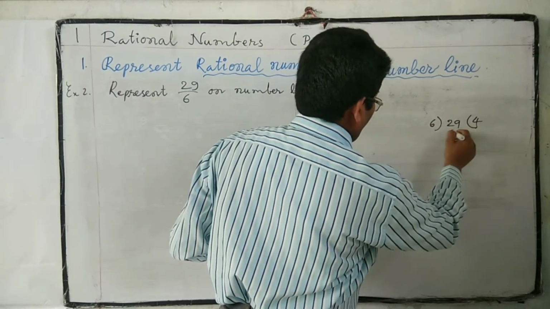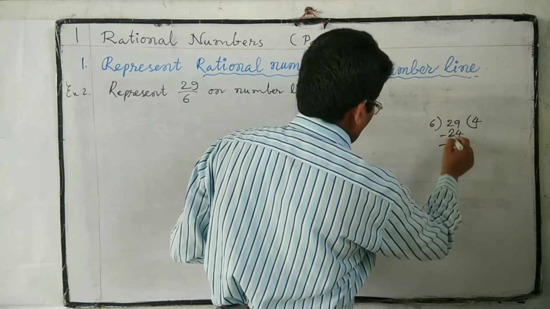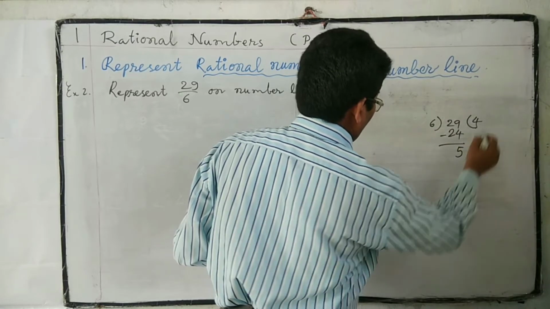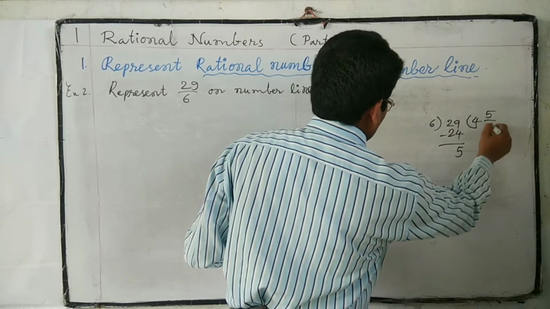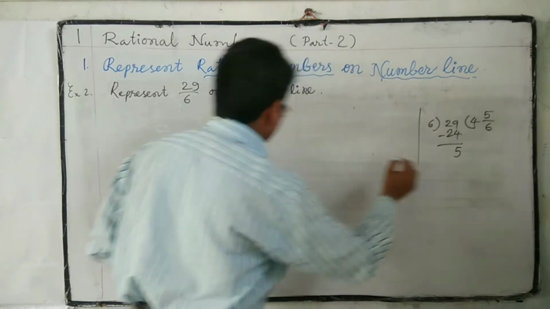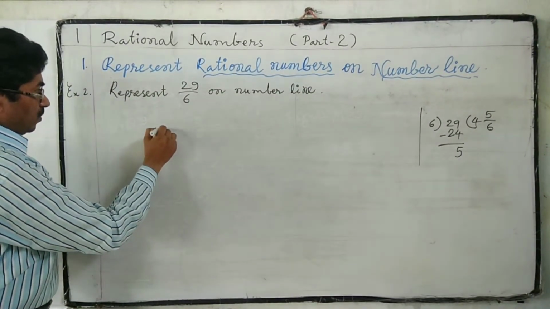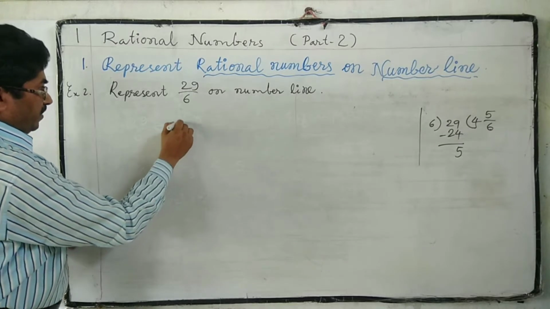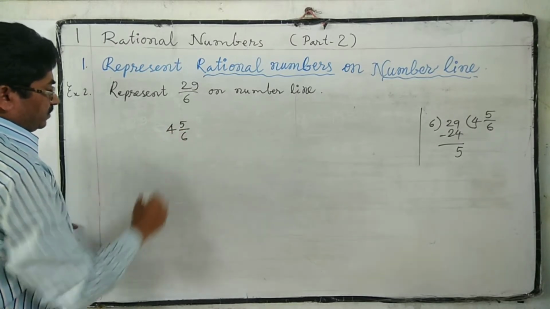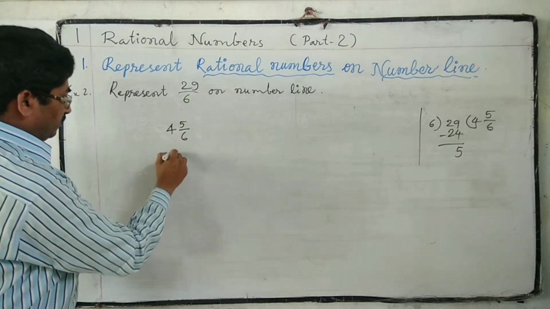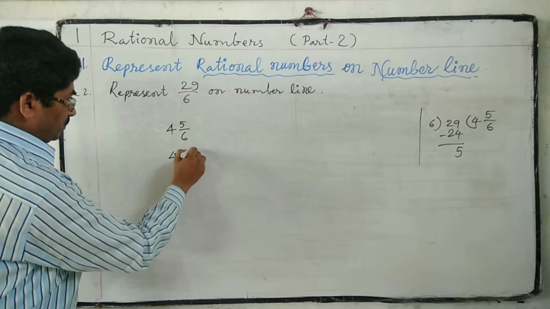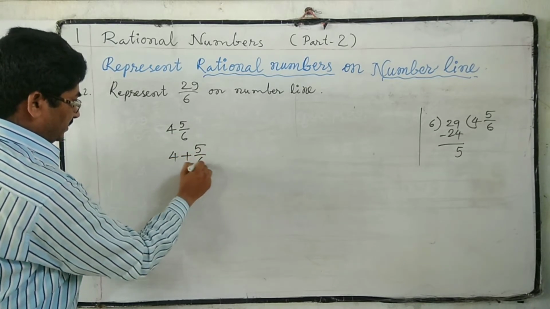Six fours are 24, remainder 5, so it is 4 5/6, that is 4 plus 5/6.